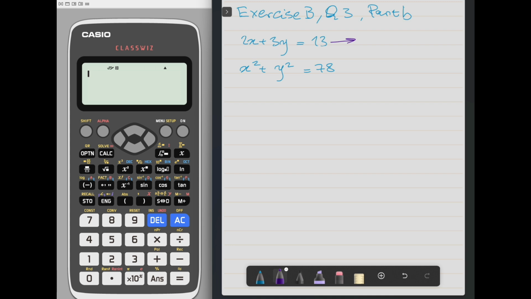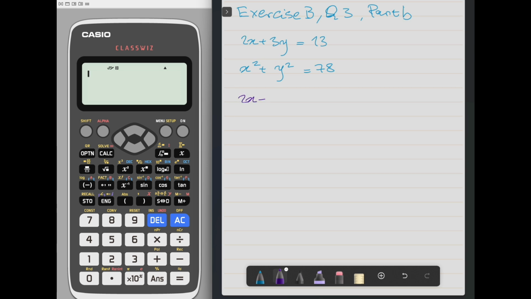If you want to make x the subject, just make it the subject in the linear one. If you want to make y the subject, again in the linear one. Whatever rearrangement we use is for the linear equation, and we substitute what we figured out in the linear equation into the quadratic equation.